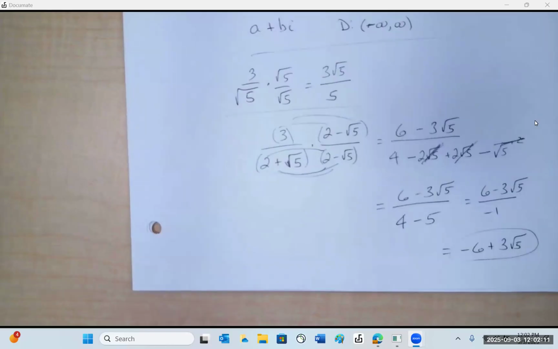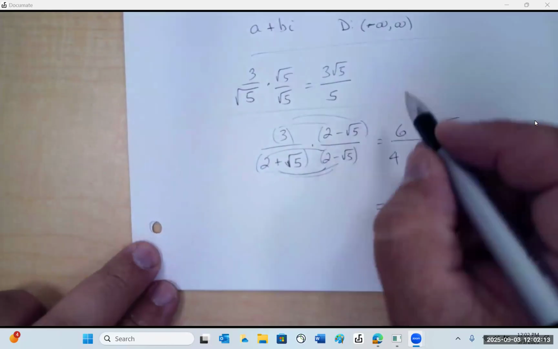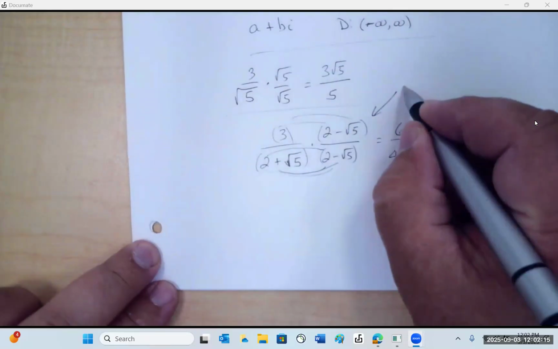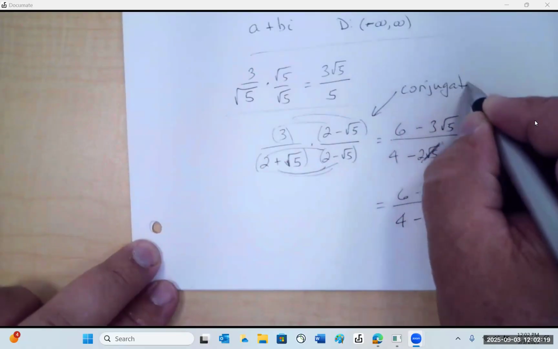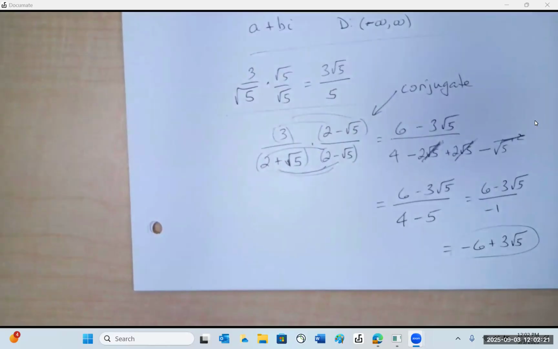So this is what is called our conjugate. The conjugate simply changes the sign in front of the radical or the i or the imaginary part.